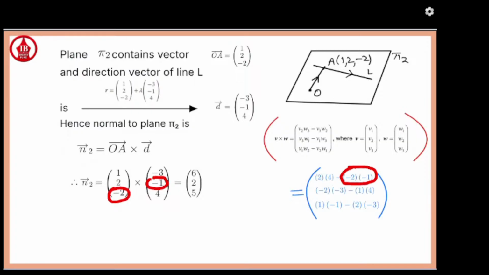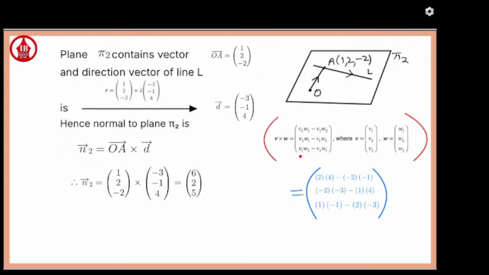The second component is v3 w1 minus v1 w3: 2 times minus 3, minus 1 into 4.